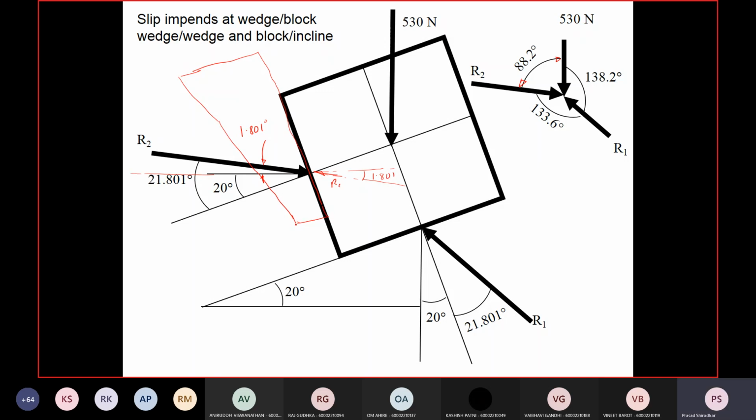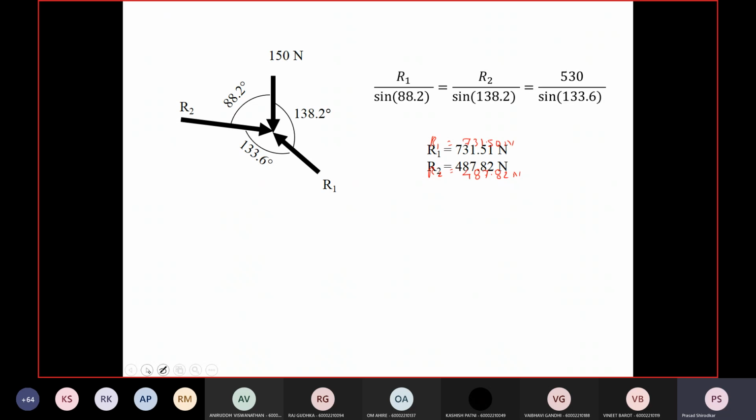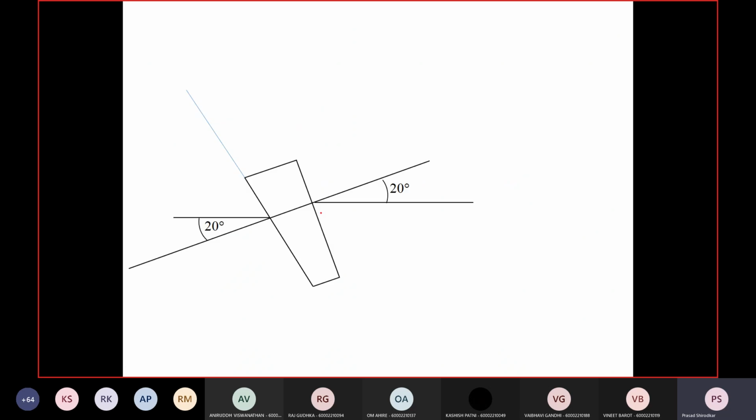So we are going to construct the free body diagram for this wedge. This R2 is making an angle of 1.801 with the horizontal. So when drawing the free body diagram of this wedge, we take that equal and opposite, and it makes an angle of 1.801 with the horizontal. So let's go to that wedge diagram, and one by one let's mark the forces.